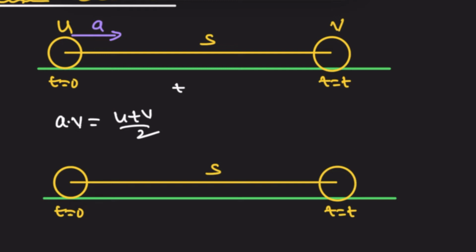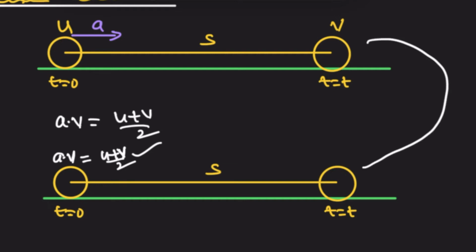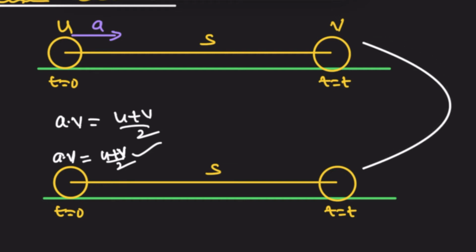So what does the average become here? (u plus v) by 2. So here the average velocity is (u plus v) by 2. That means over the entire path, the body has a velocity (u plus v) by 2. In both cases they cover the same displacement in the same time t.